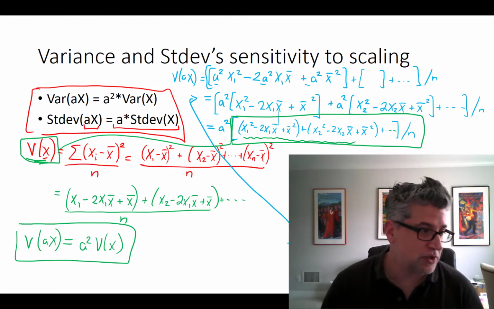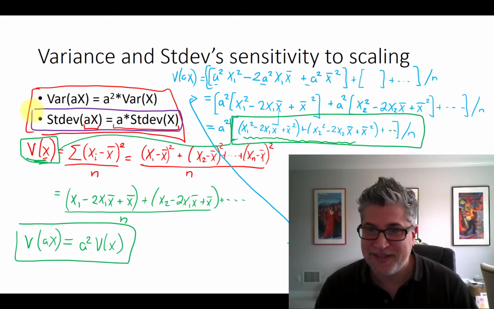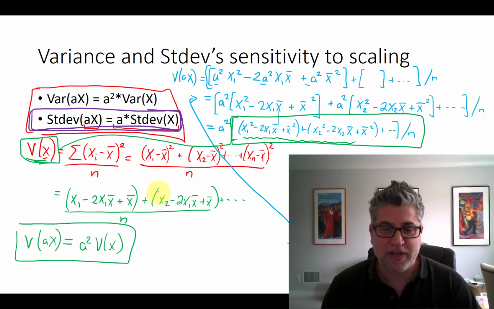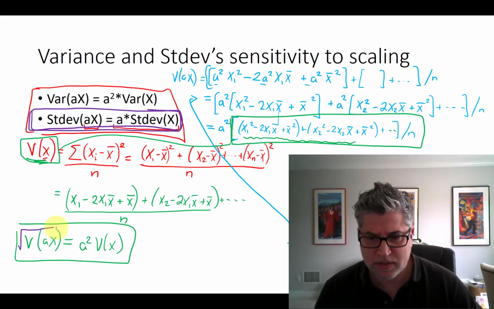Let me just switch colors one more time. We'll go purple. Okay, so how do I derive this? The standard deviation of ax is equal to a, the standard deviation of x. All right, well, if I just take the square root of the variance, that's the standard deviation of ax.